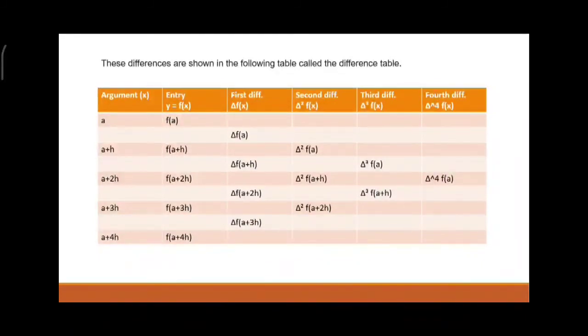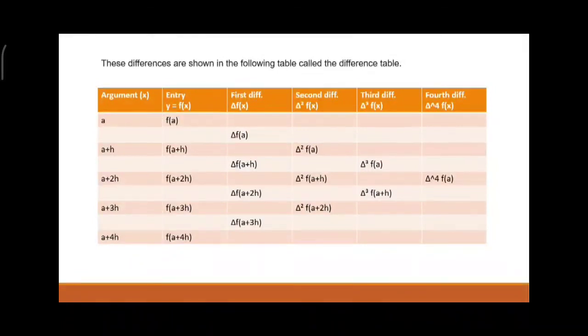Third, first differences delta f of x: delta f of a, delta f of a plus h, delta f of a plus 2h, delta f of a plus 3h. And next, second differences delta square f of x: delta square f of a, delta square f of a plus h, delta square f of a plus 2h.